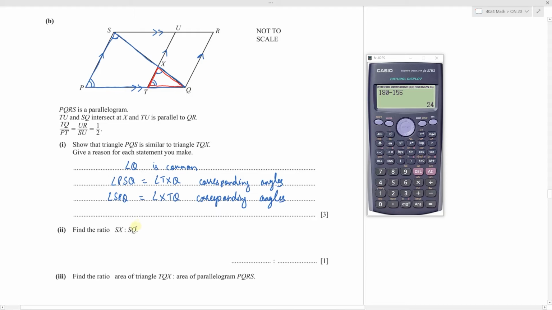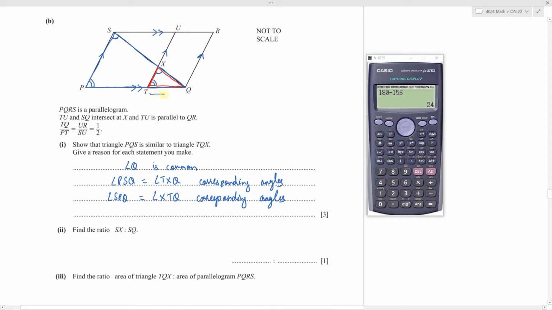All right, let's move on to the next part. Find the ratio SX to SQ. SX is this length, XQ is this length. So now you're given in the question that TQ over PT is 1:2.